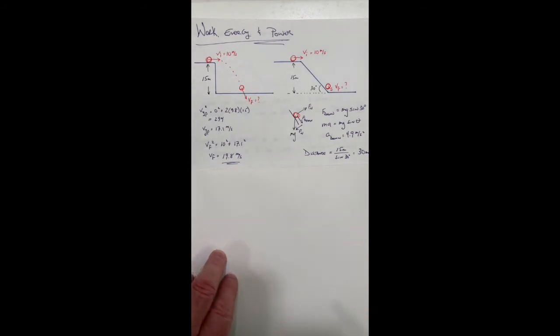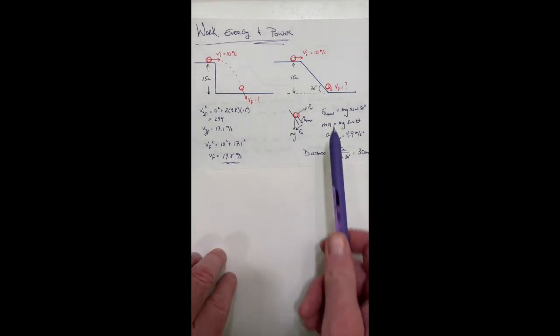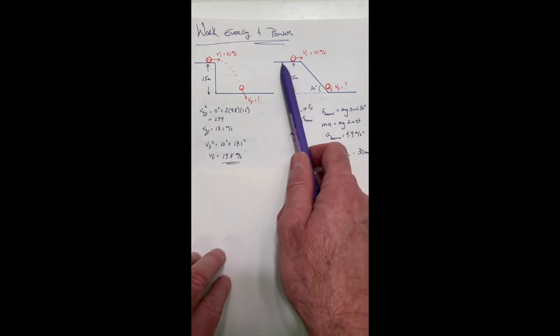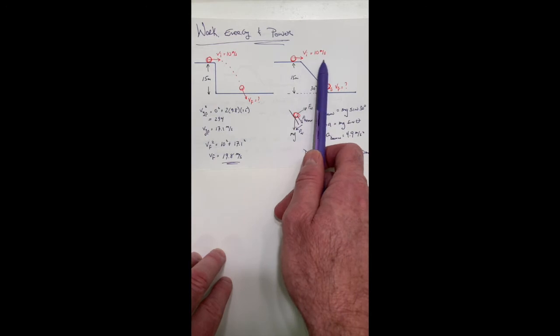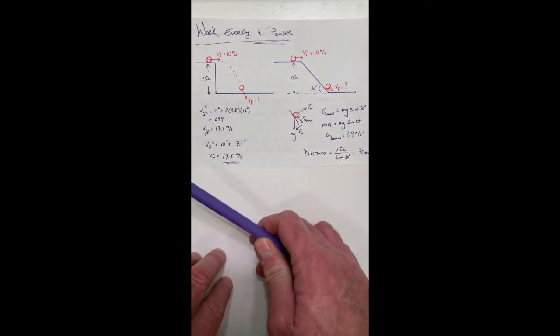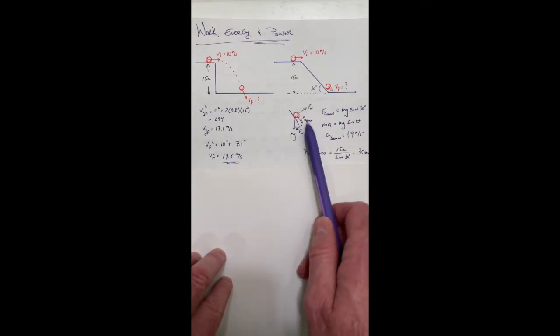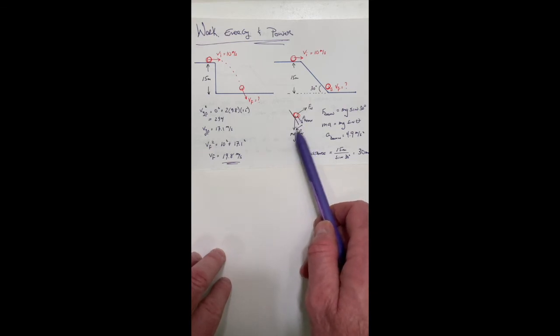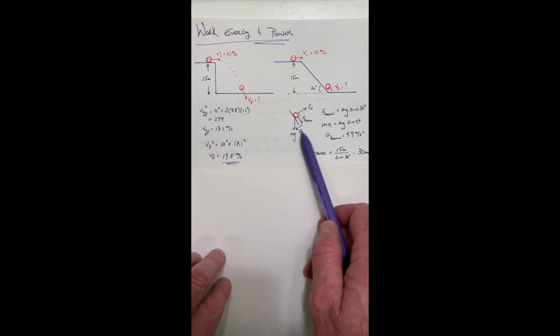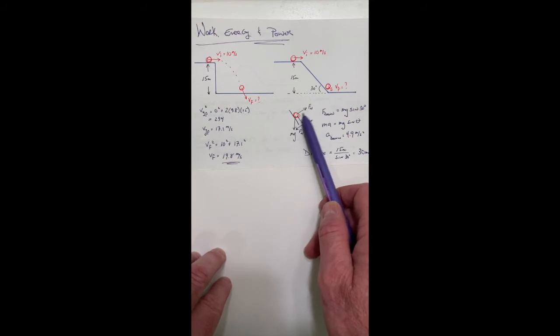What if I take the same ball and I roll it down a 30-degree incline by starting at 10 meters per second? Well, I could draw myself a force diagram. I've got gravity, and I'm going to break gravity into two components, a normal component and a parallel component, or a downward component. And I'm going to have a normal force.